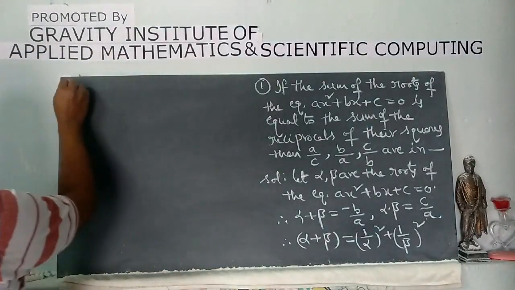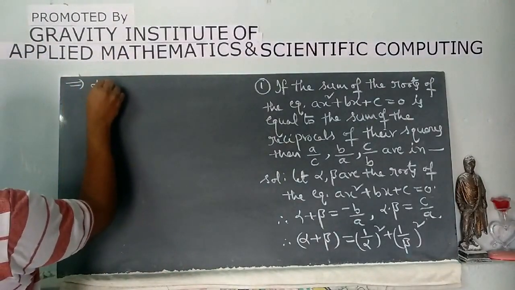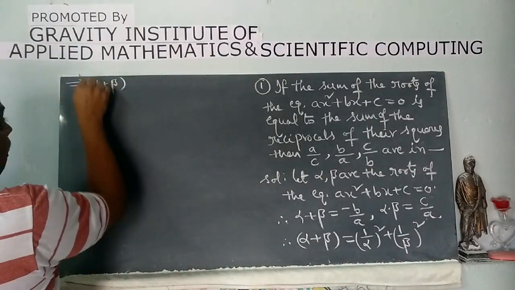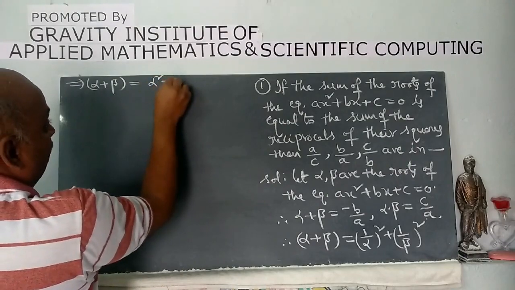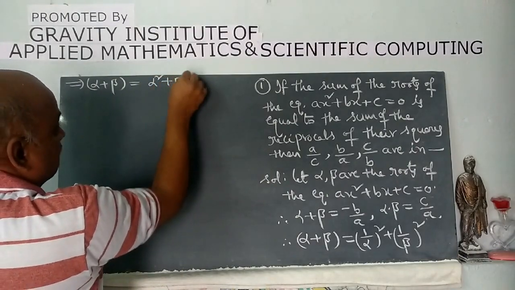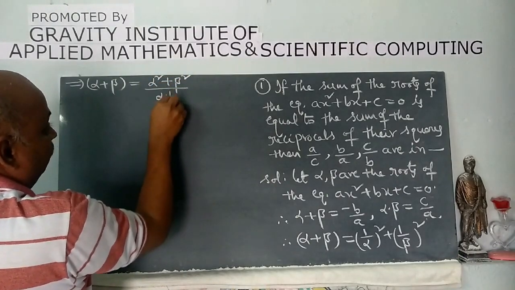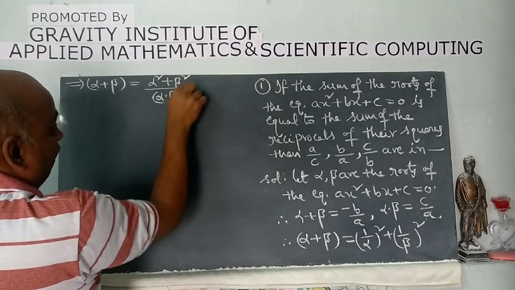So this implies alpha plus beta is equal to alpha square plus beta square by alpha into beta whole square.